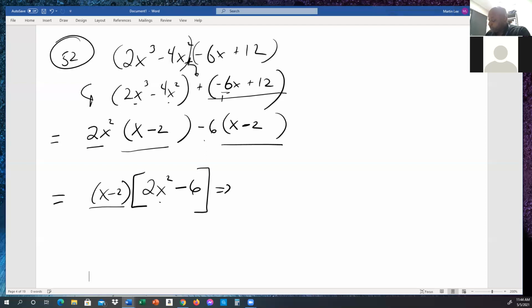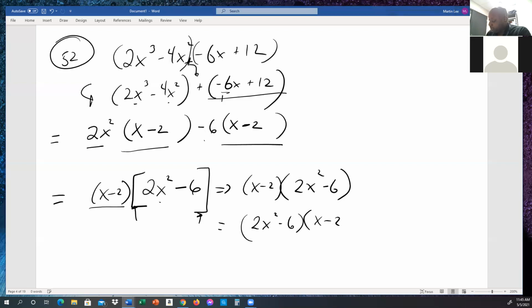And now let's rewrite this as x minus 2 and changing the square brackets back to parentheses gives me 2x squared minus 6. Since this is multiplication, I can rewrite this as 2x squared minus 6 times x minus 2.